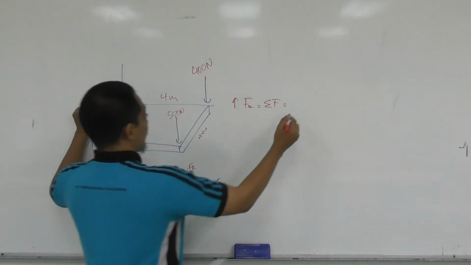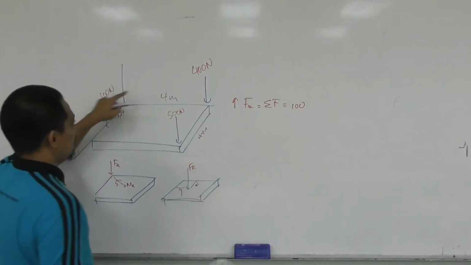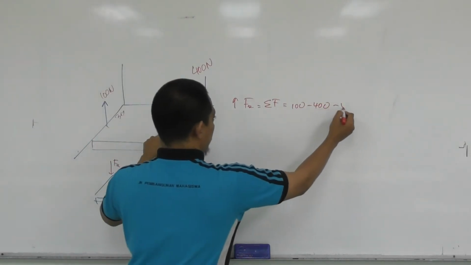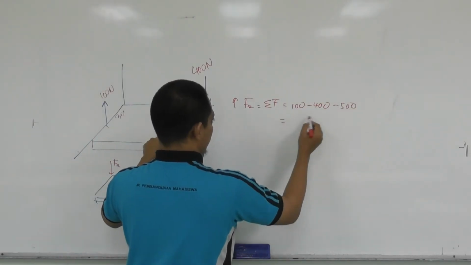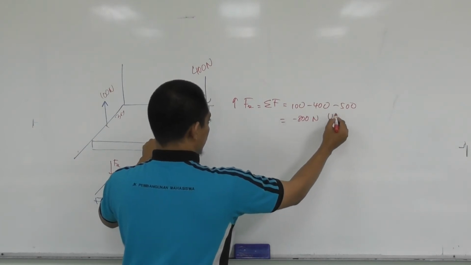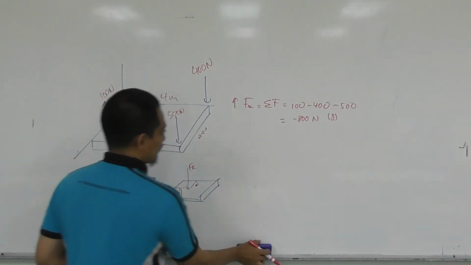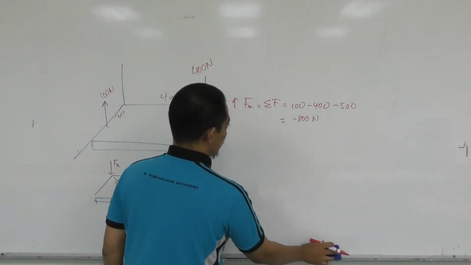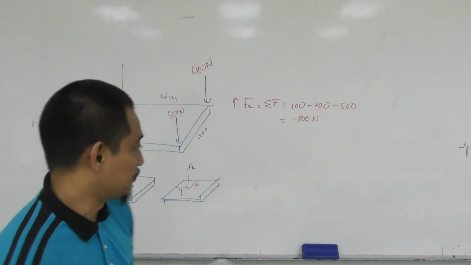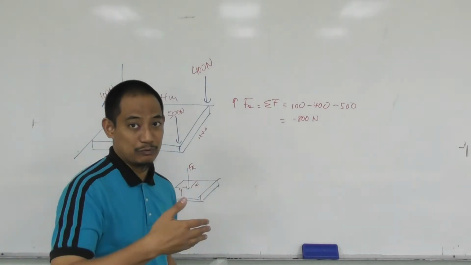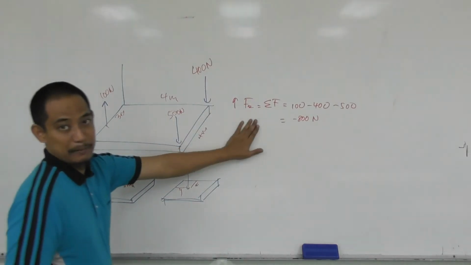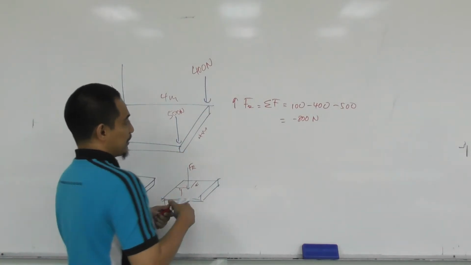So in this case, we have 100 minus 400 minus 500. So you get minus 800 Newton downwards, right? Meaning, if you consider upwards as positive, so negative means downward, straightforward, right? So this one will be that value there. And then what about MR?